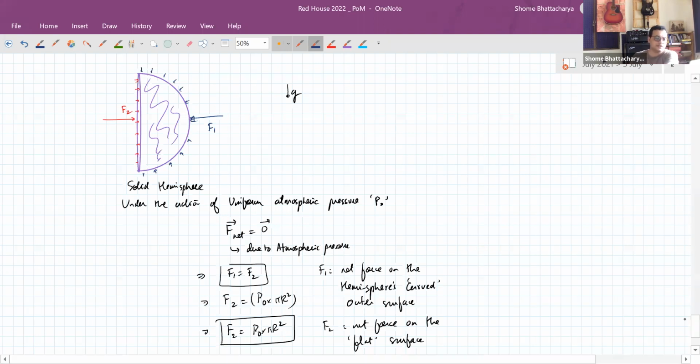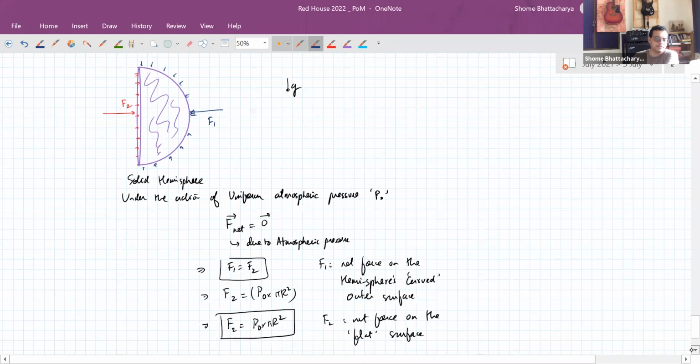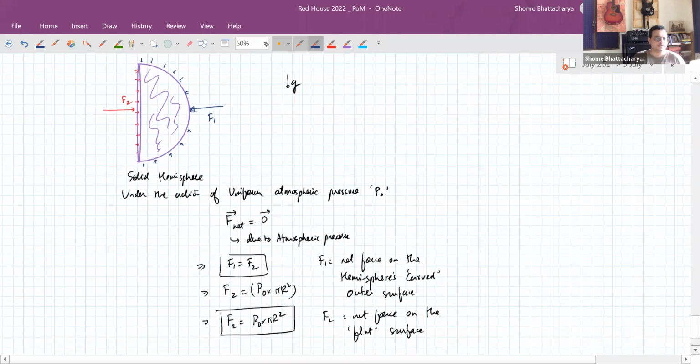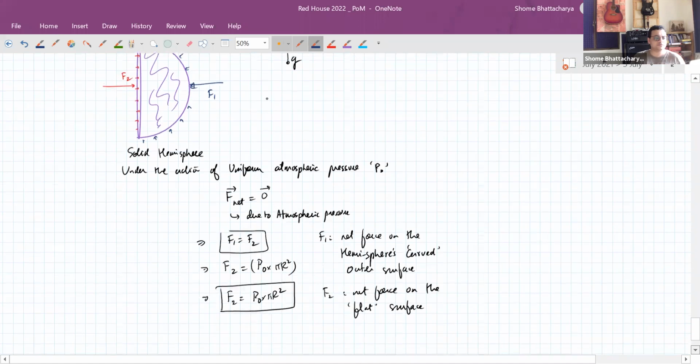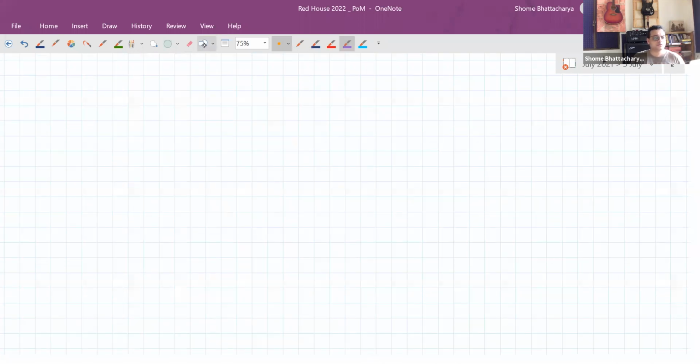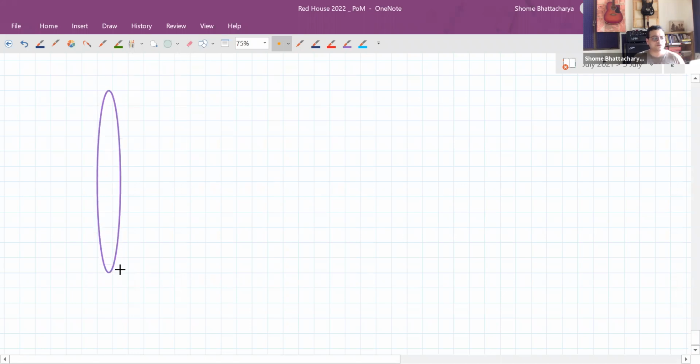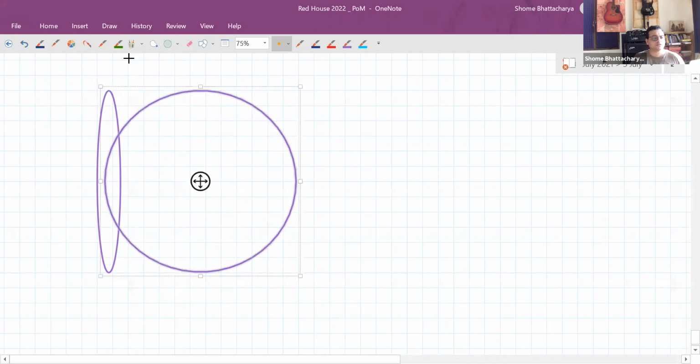Now the other way of understanding this is with proper integration, which is a good exercise for application of integration. It's really too lengthy otherwise, but we'll take a look at the steps of that also. Now, it really doesn't matter whether we are taking a solid hemisphere or a hollow hemisphere, because basically we are going to do the full derivation.